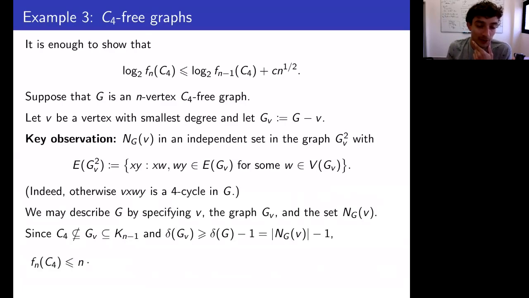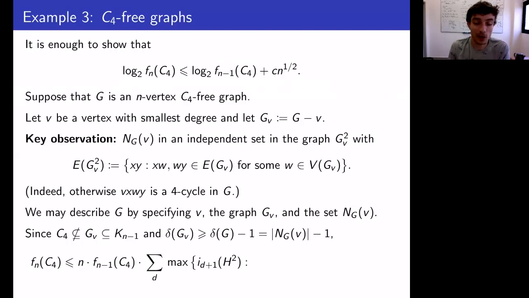We choose the vertex V, there are n options, then we choose the graph G_V, and there are f of n-1 such options, and finally, we choose the neighborhood of V, whose size is d, and we choose d plus 1 vertices in the graph G_V squared, but we know that they're independent, so this is I sub d plus 1 of H squared.